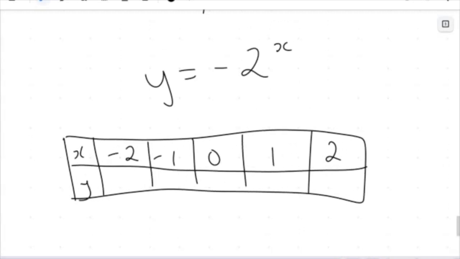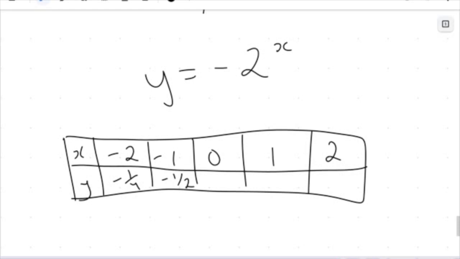Substituting this here, I get -2 to the power of -2. 2 to the power of -2 is 1/4, so that's going to give us, since there's a minus in front, -1/4. Putting in this 1, that gives me -1/2. Now you guys can check this in your calculator as well, so please do that, see what happens.